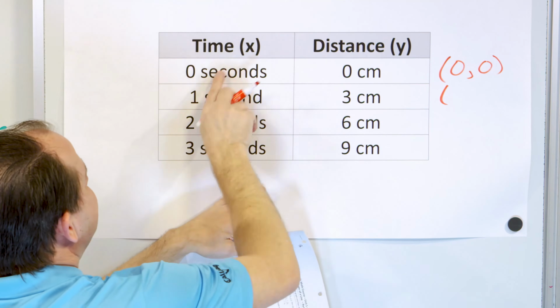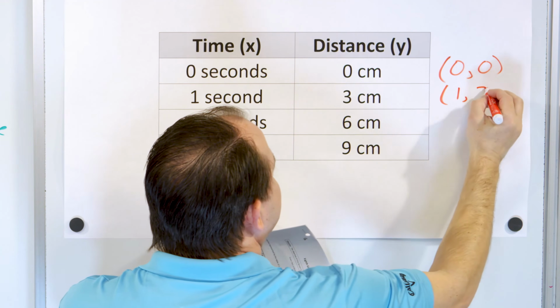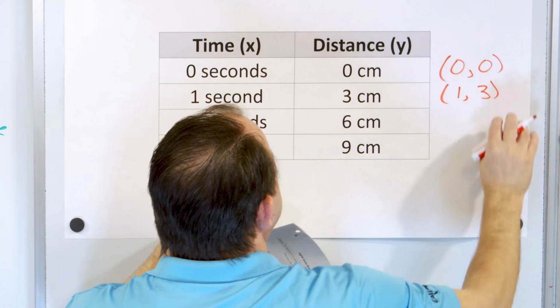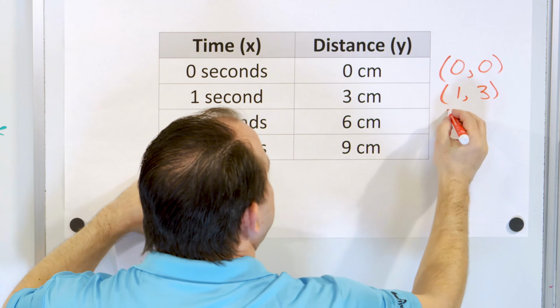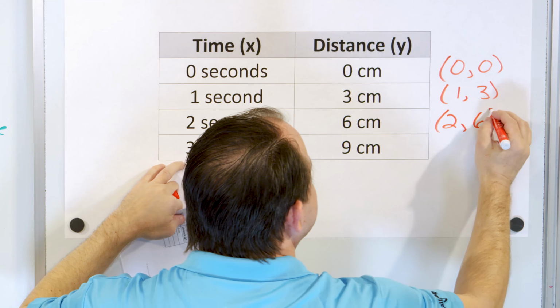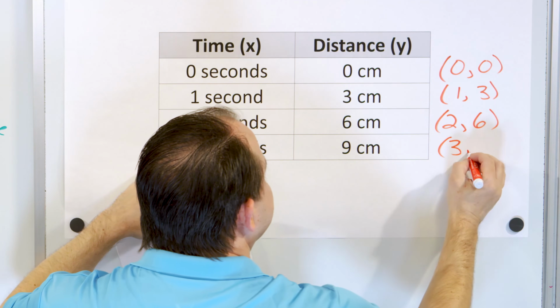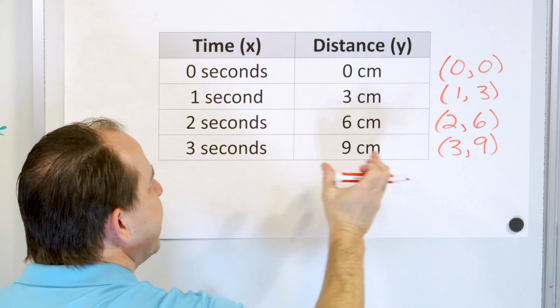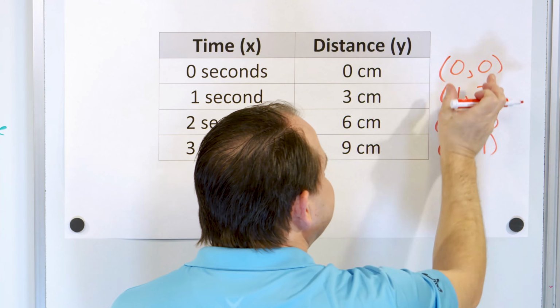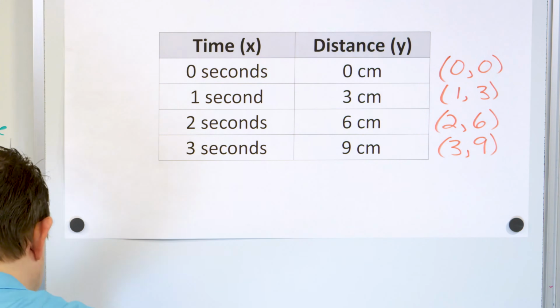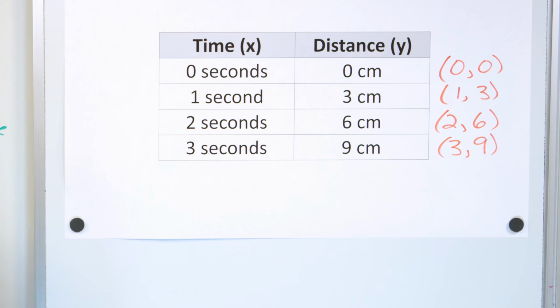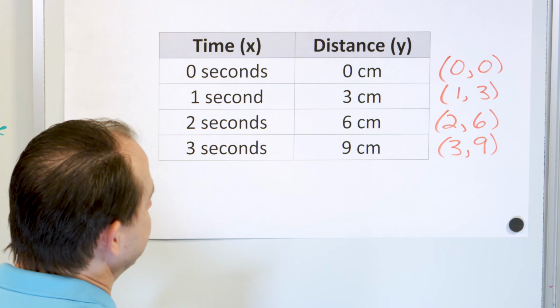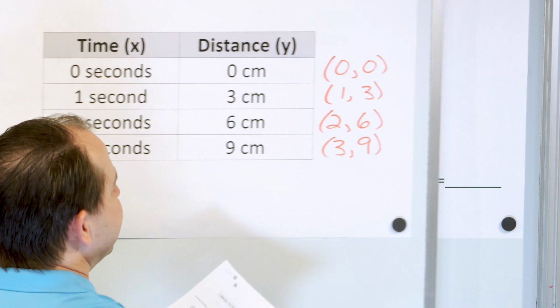And this one, the x value is 1 second, 3 centimeters away, like this. And then at 2 seconds, we're at 6 centimeters away. And at 3 seconds, we're now 9 centimeters away. So we put it in a table, but you can just kind of boil it down to your x, y points, and now we want to plot these points. So for the first problem, I'll plot them, but after that, I won't plot them anymore. So here we're at 0, 0.